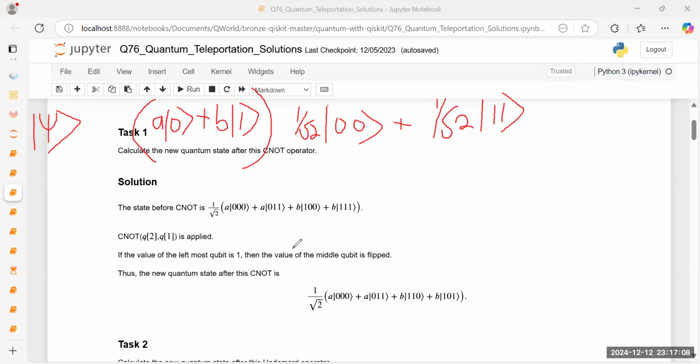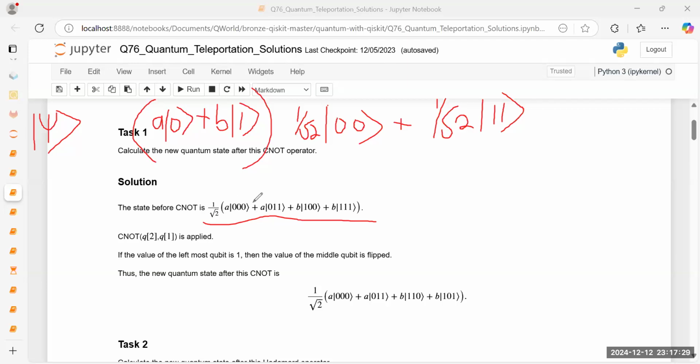If we take a look at this, this is what we get if we combine these. We have 0 multiplied by 0, 0.